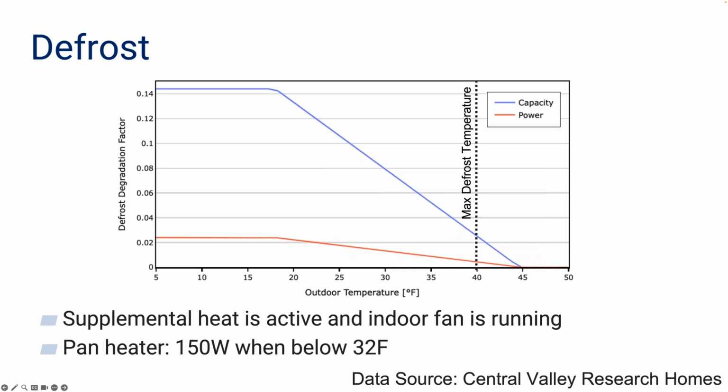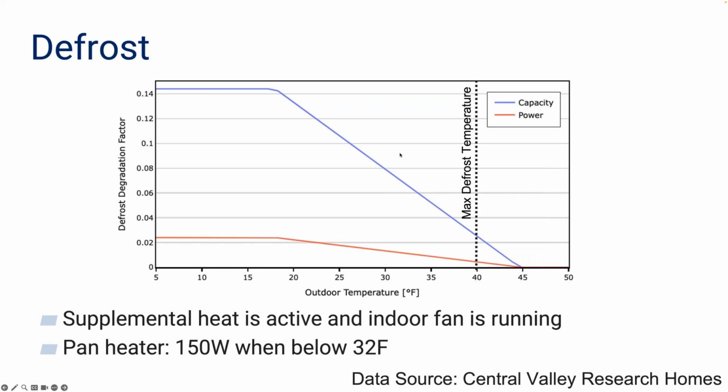So for the assumptions about defrost, we decided that we're just going to use the same assumption across all heat pumps for every speed of operation, which is that it's a timed reverse cycle defrost. So the equipment is actually running in air conditioning mode so that heat is being rejected outside to melt the frost on the coil.